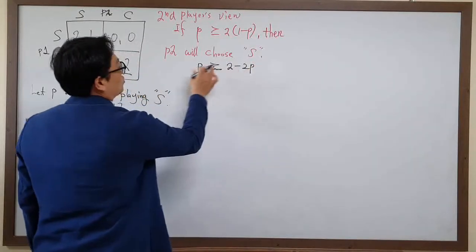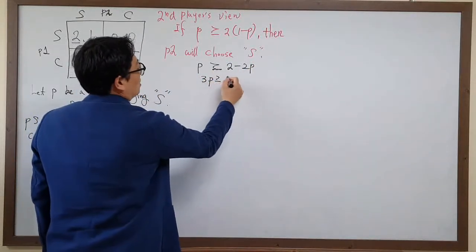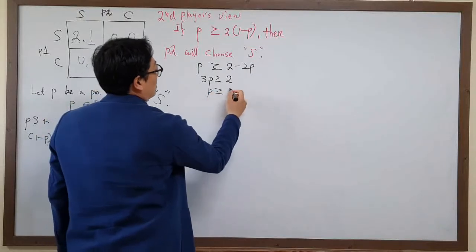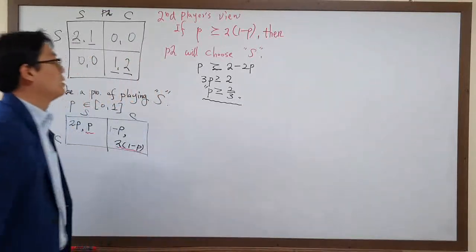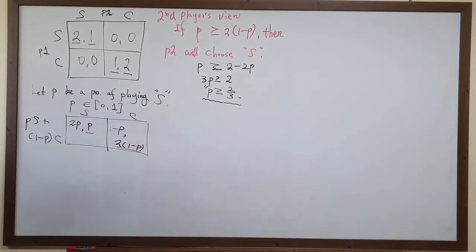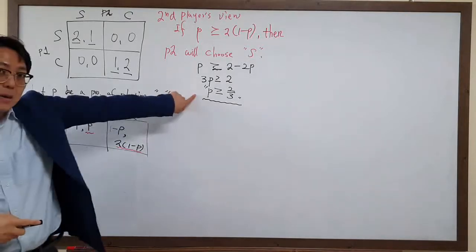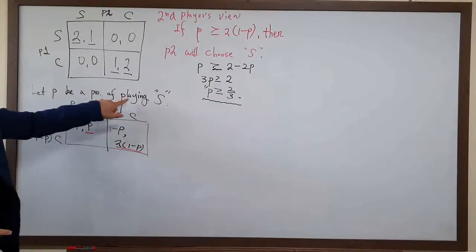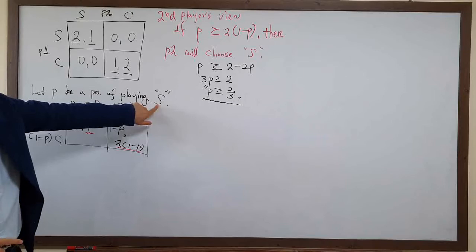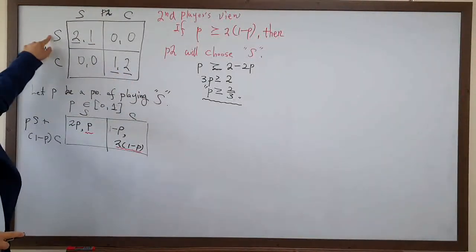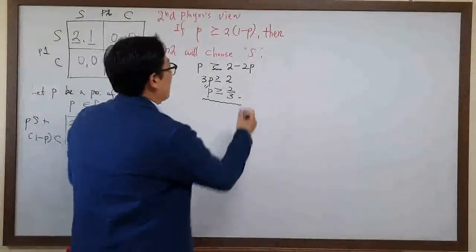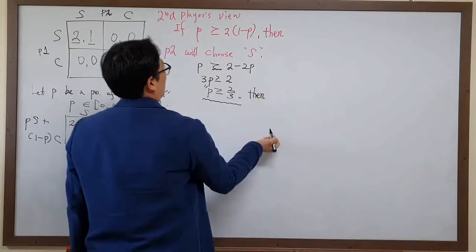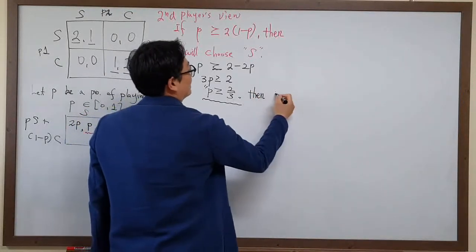Moving this term to the left-hand side, P is greater than or equal to 2 over 3. What is P? P is the probability of playing S. So if the probability of playing S is greater than 2 over 3, then player 2 will choose S.